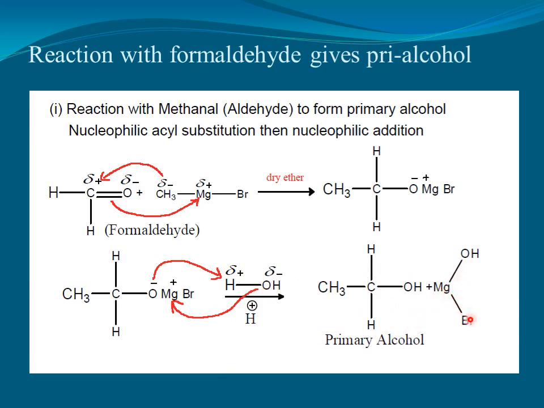Now you can see this is a primary alcohol because the carbon to which the hydroxyl group is attached is further attached with only one carbon atom. That is why it is called a primary alcohol.